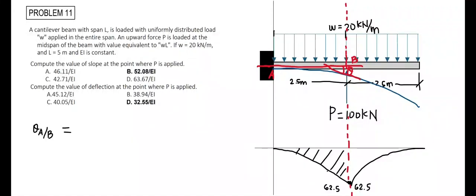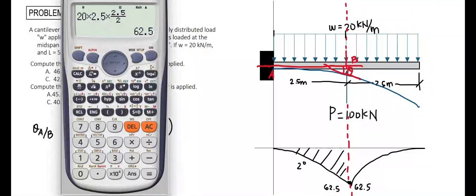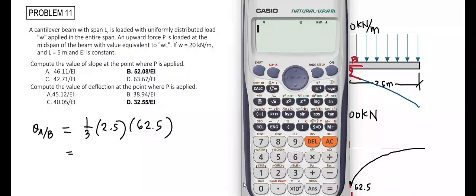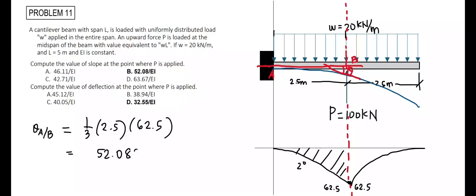And that area of this second degree curve, which is a parabolic curve, is just equal to 1/3 times the base of 2.5 times the height of 62.5. This is just equal to 52.083 over EI, which is theta B.